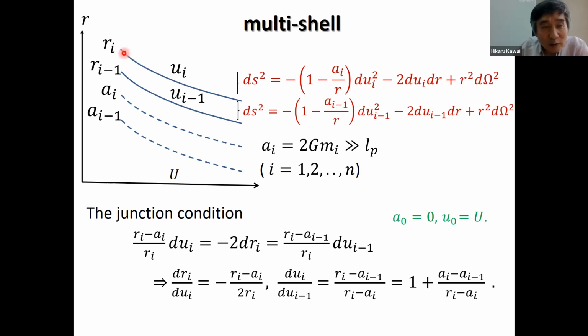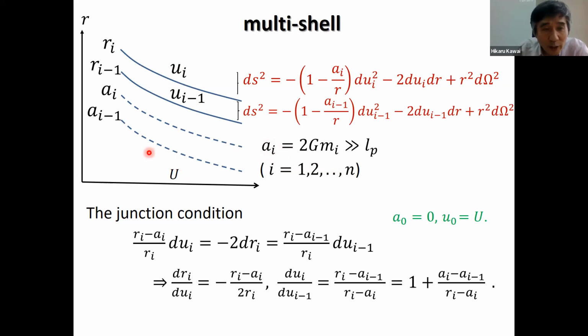The position of the i-th shell is R_i, and the retarded coordinate outside the i-th shell is u_i. Also a_i is equal to 2G m_i, and m_i is the ADM mass inside the i-th shell, including the i-th shell itself. So if you see the system outside of the i-th shell, the total ADM mass is m_i, and the corresponding Schwarzschild radius is called a_i.